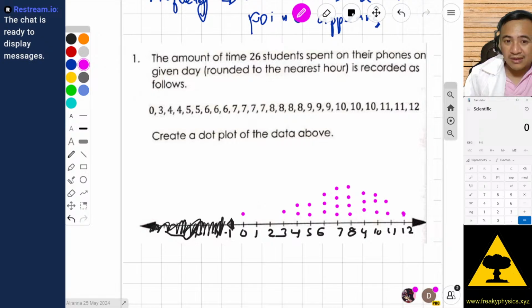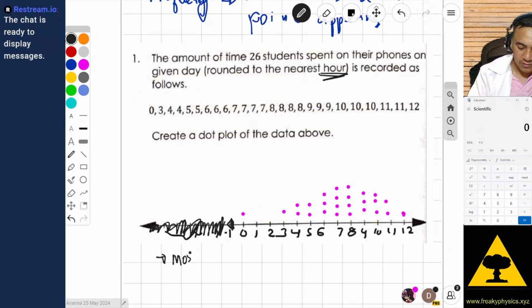Most students spend about 7 to 8 hours on their phones. Okay, so that's one interpretation. Now, is that really the case?